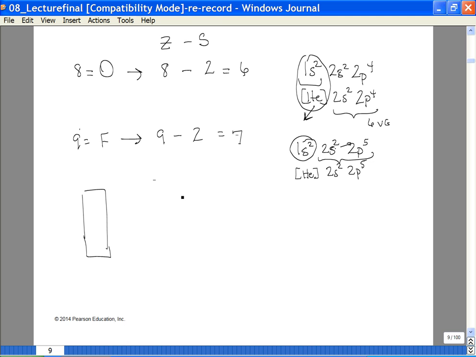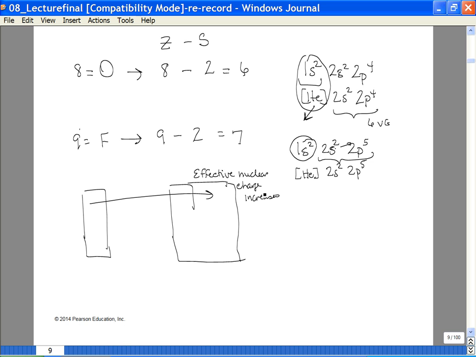So in the periodic table, as you go across, in the p block especially, the effective nuclear charge increases, because the number of valence electrons changes while the core electron value stays the same each time.